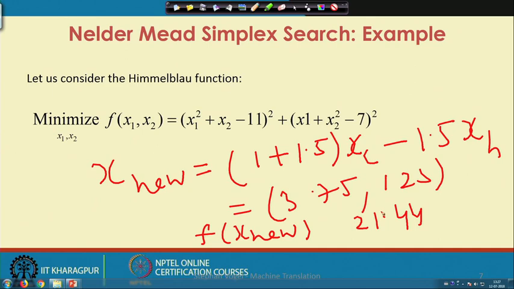So, now these 3 points you consider: the old point has been replaced, and the previous 2 points and this expanded new point will constitute the new simplex, and you can repeat the process.